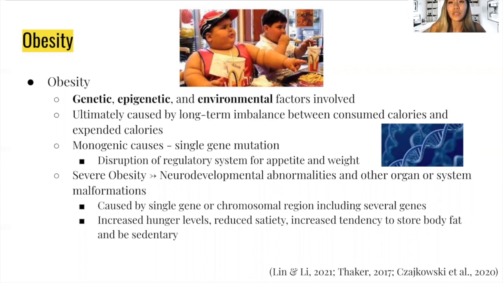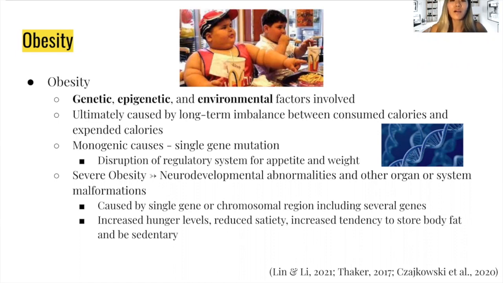There are genetic, epigenetic, and environmental factors involved in obesity, but it's ultimately caused by a long-term imbalance of consumed calories and used calories. Obesity can be caused by a single gene mutation, and these mutations cause a disruption of the regulatory system for appetite and weight.